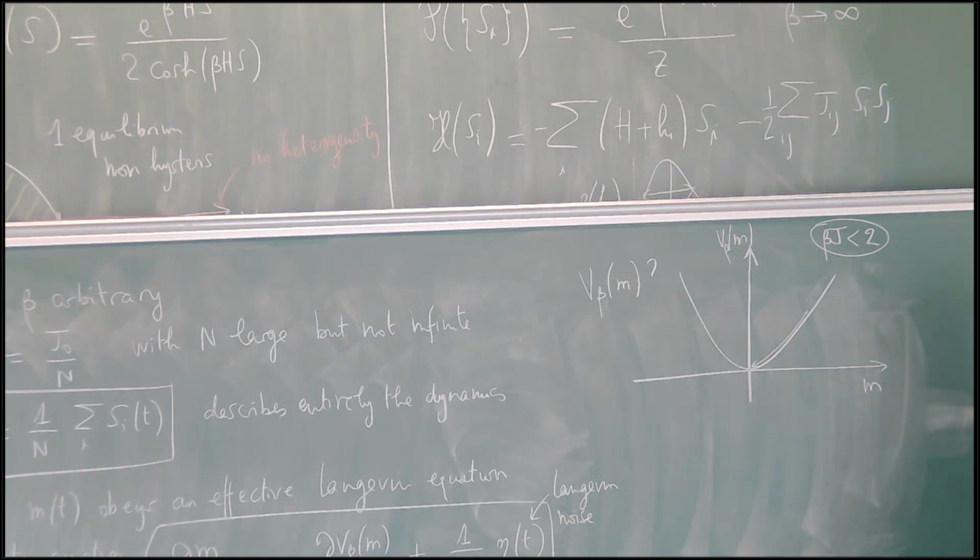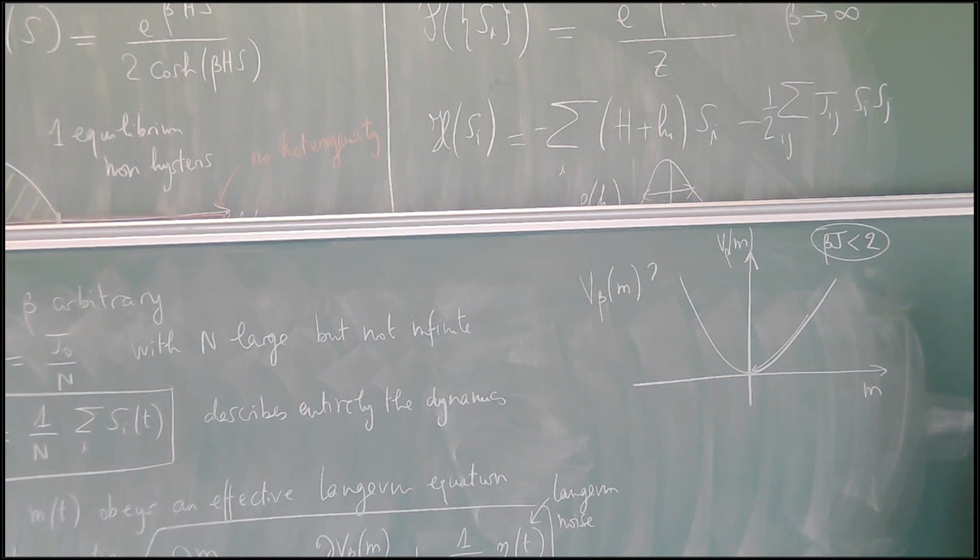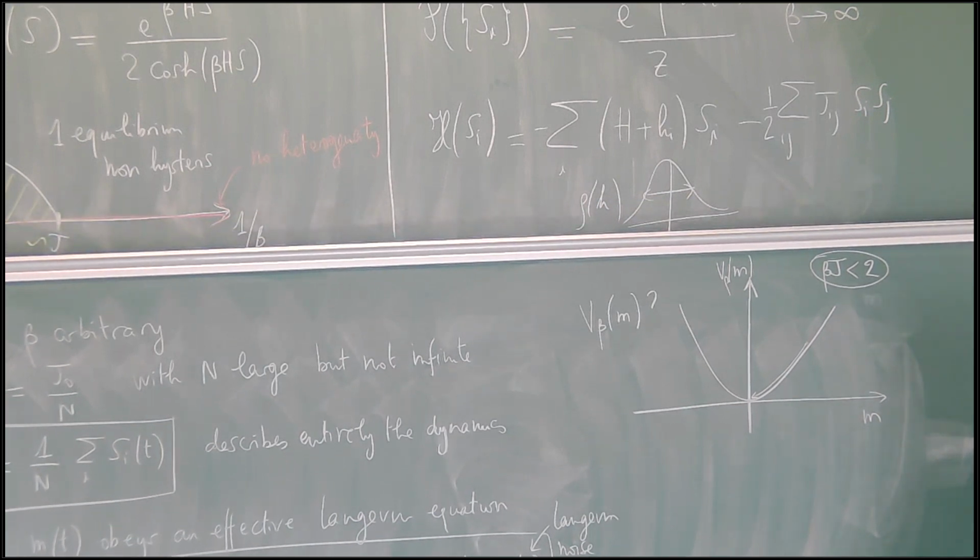The particle goes down slope and stops at the minimum of V of m. And so what you get is that the magnetization is 0. And that's what we know of the Ising model at high temperature. There's no magnetization. The object is a paramagnet, and its average magnetization is 0.